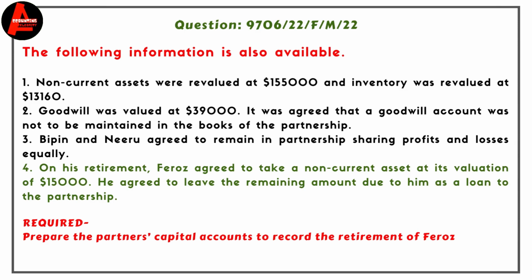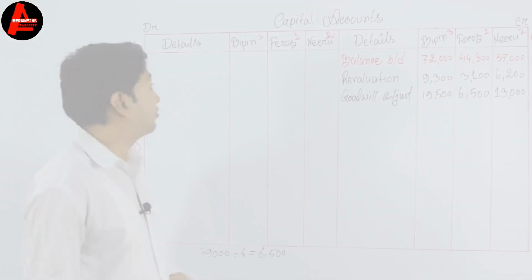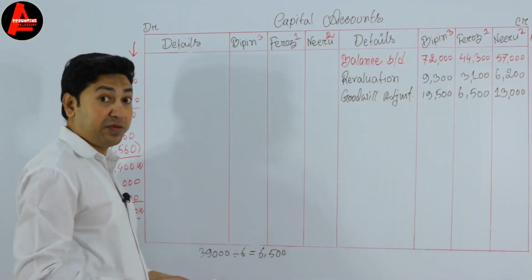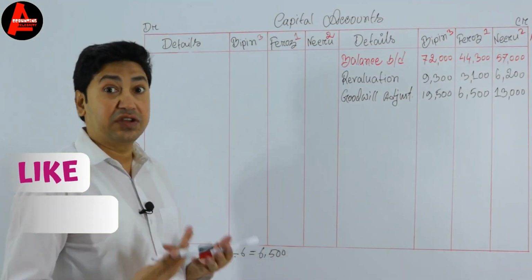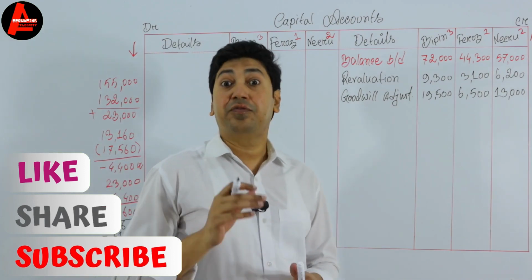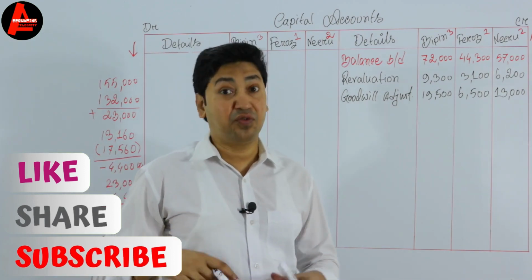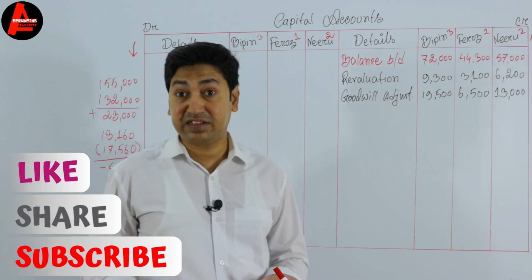Next we have number 4. On his retirement, Firoz agreed to take a non-current asset at its valuation of $15,000. He agreed to leave the remaining amount due to him as a loan to the partnership. So here Firoz agreed he will retire from the business. Now he agreed to take $15,000 from the non-current asset, whatever the value of the non-current asset.